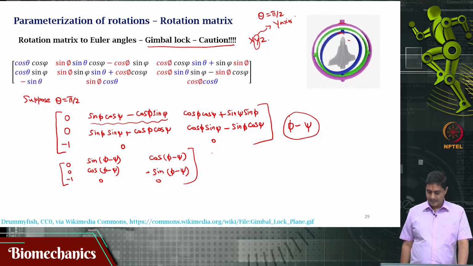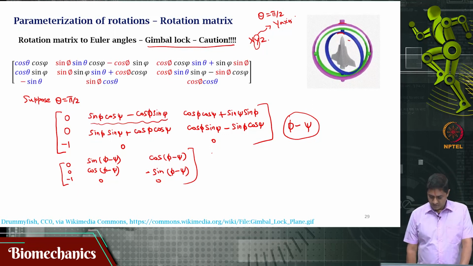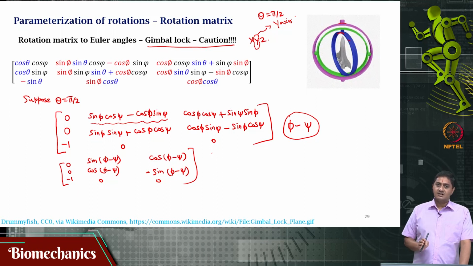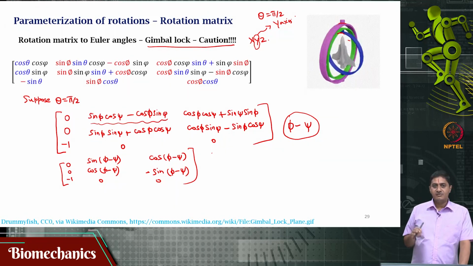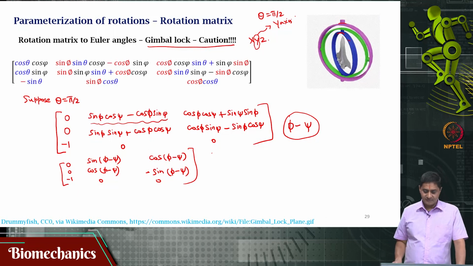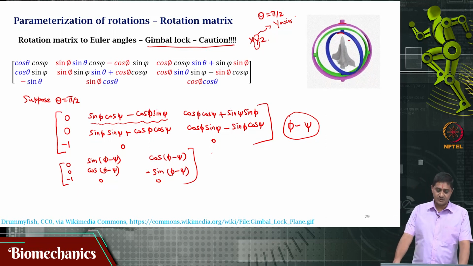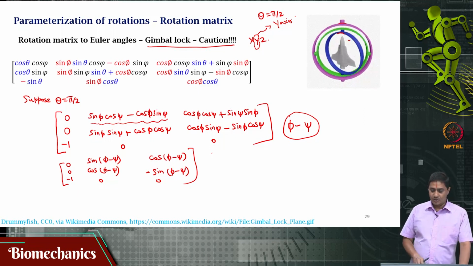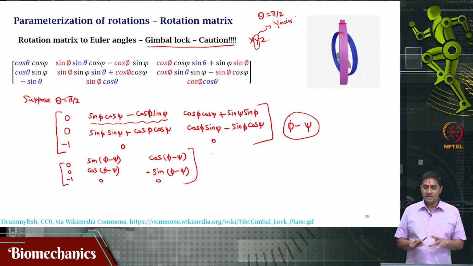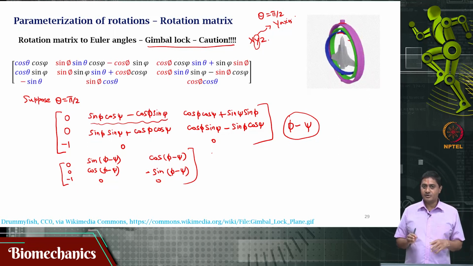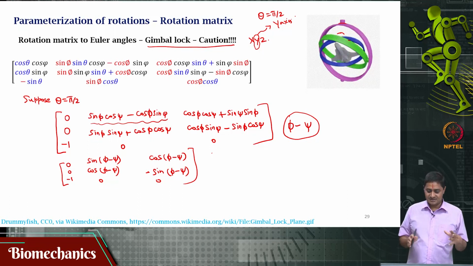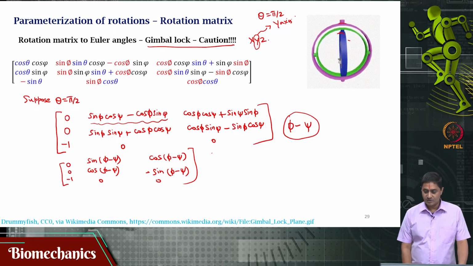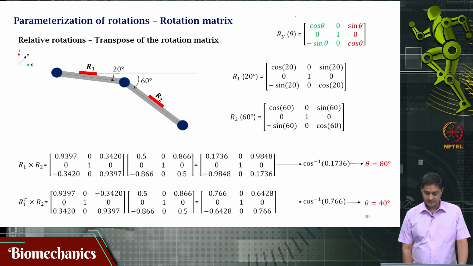Now, we will have a longer discussion about this in a future video, but keep in mind that if theta equals pi by 2, or the second angle goes to pi by 2, then the whole representation breaks down, and we are going to have quite a bit of ambiguity. This is called Gimbal lock.